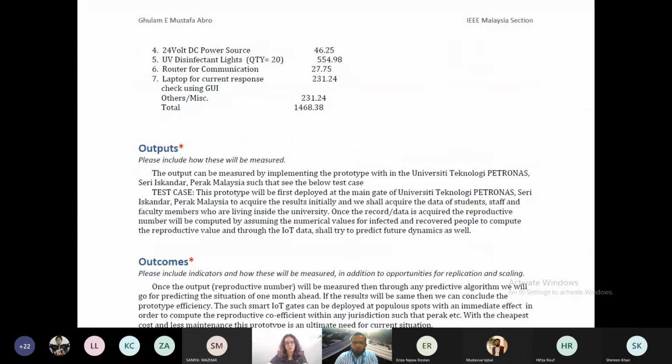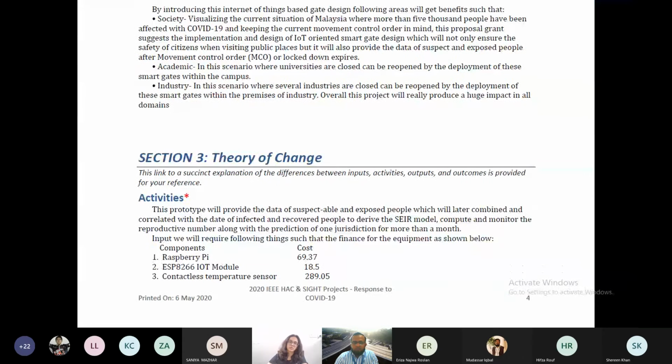Now, what do you mean by theory of change? Theory of change is the difference between your input, your activities and your output. What type of activities you will do, what type of inputs you have, and what type of output you will produce. Because my project was very hardware oriented, I mentioned my hardware components.